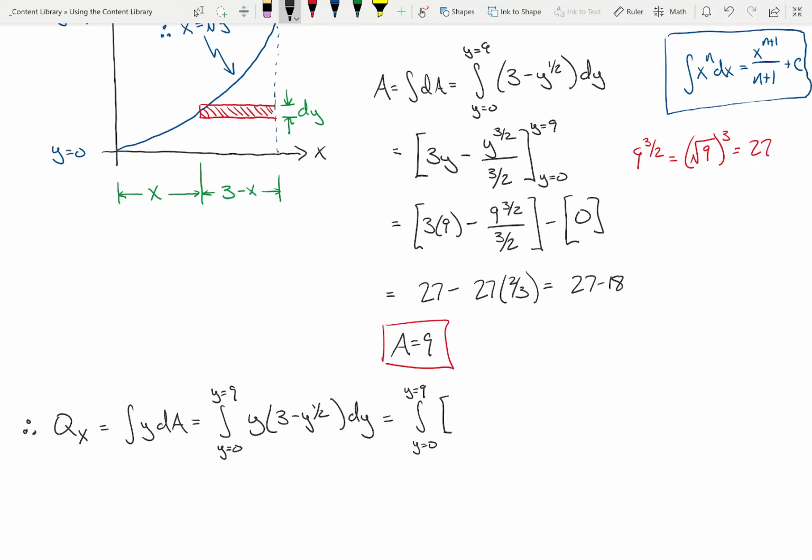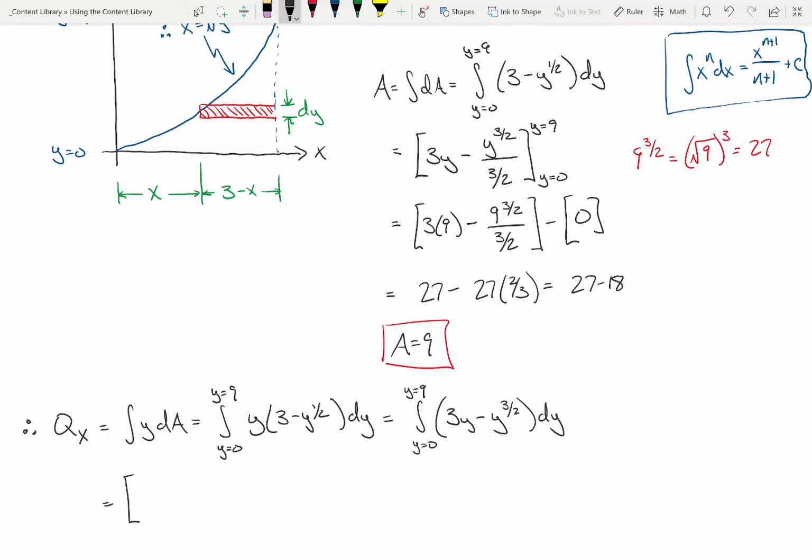Okay, so 3 times y, 3y. Here, I'll remove that. 3y minus, okay, let's see if I remember my algebra here. So y times y to the half is y to the 3 halves. Okay, let's see if I remember this.